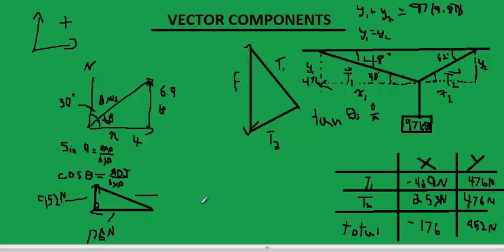So, the square root of 952 squared plus 176 squared is going to give us our resultant.